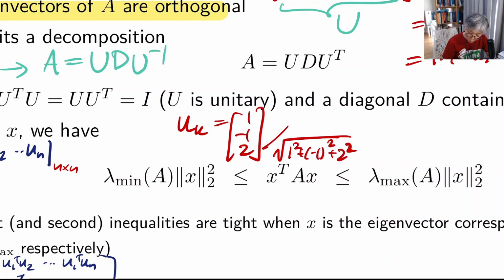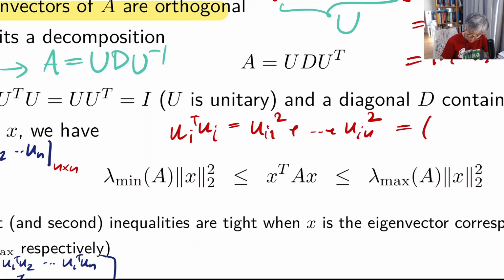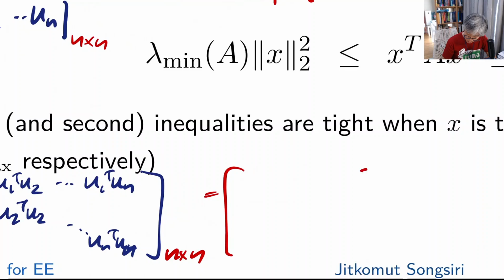If I normalize it this way, the magnitude of my ui is going to be 1 always, right? So basically what I mean is that you can normalize your eigenvectors in a way that ui transpose ui, which is ui1 entry squared plus dot dot dot plus uin entry squared, is equal to 1. In that sense, when you do that, the diagonal here is 1.